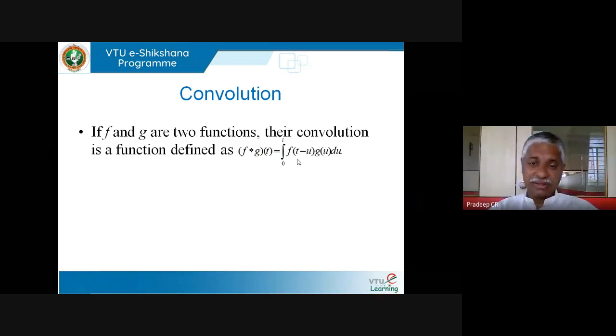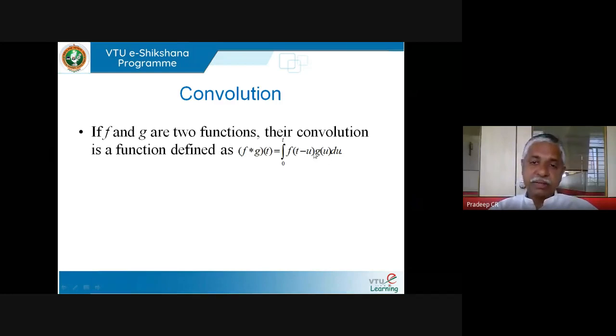Take 2 minutes to understand the definition. For example, if f and g are two functions, now f star g is another function in t. That means, for example, I want to find f star g of 1. f star g of 1 is the integral from 0 to 1 of f of 1 minus u into g of u du.